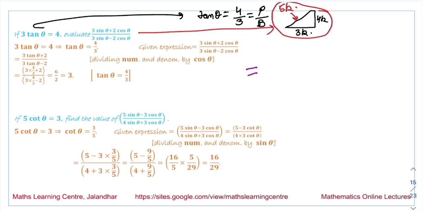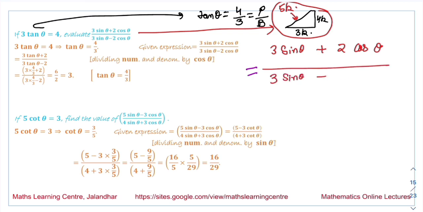Second thing we can do is write it as sin theta plus 2 cos theta over 3 sin theta minus 2 cos theta. What we are going to do is divide the numerator and the denominator by cos theta.